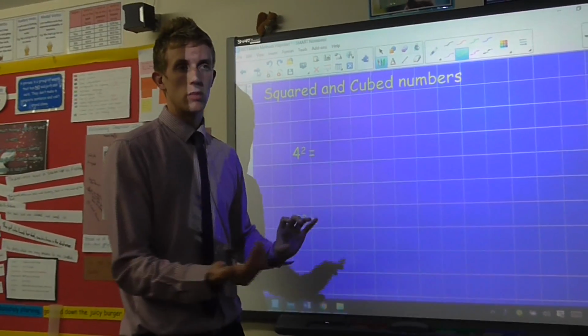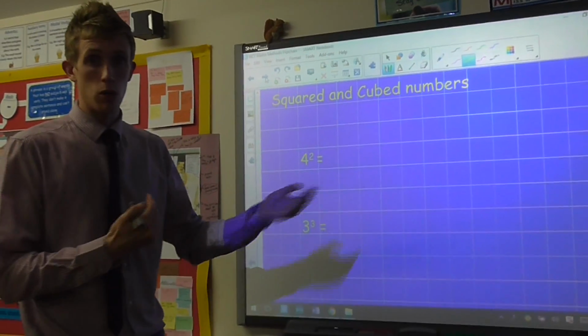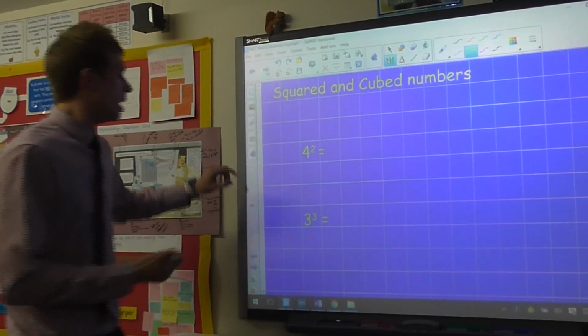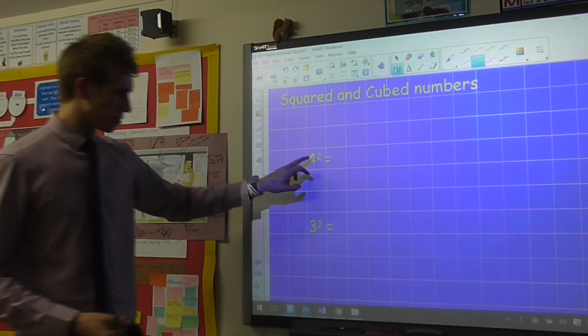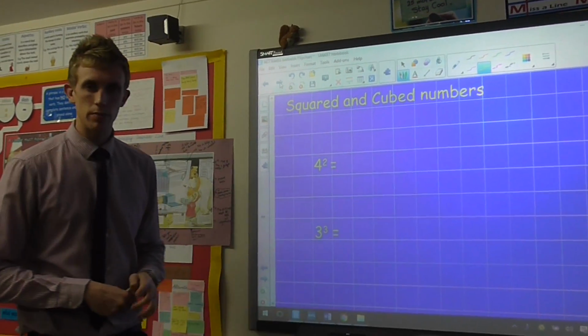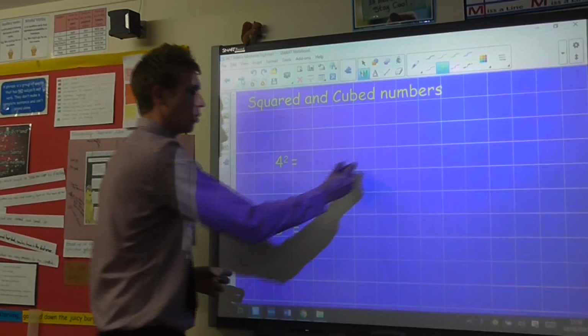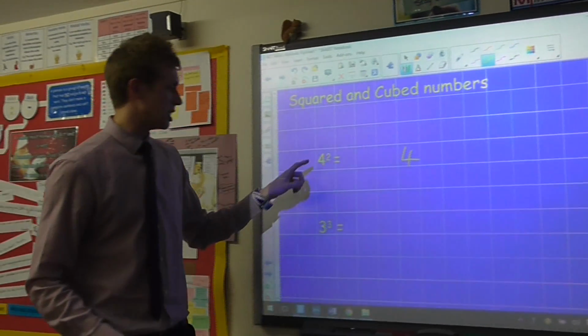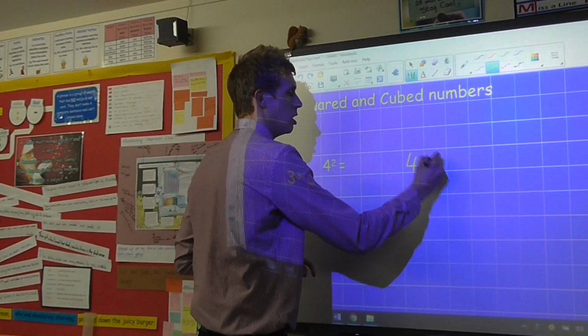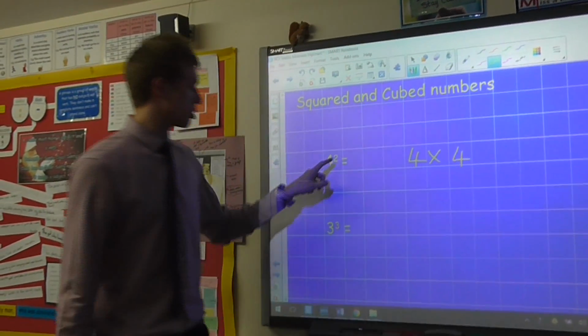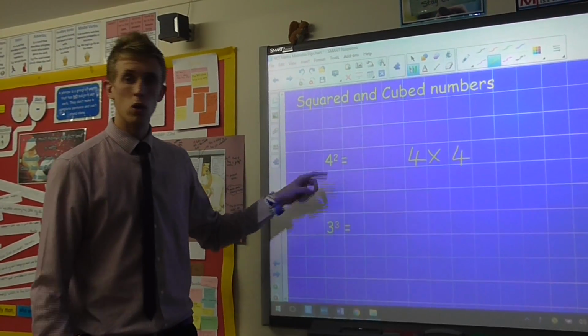Alright, squared and cube numbers. So sometimes they'll be asked to square or cube a number, depending on what they're working out. We show squared numbers like this. So 4 with a little 2 above it. Okay, that effectively means we're looking at the number 4, and it's times by itself. So when we're squaring, okay, we've got 2 lots of 4 times together.